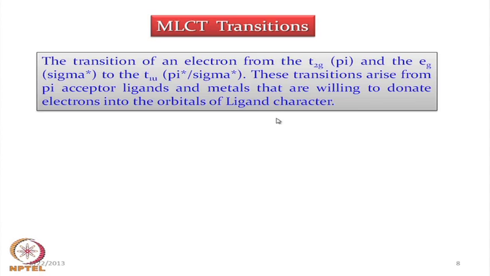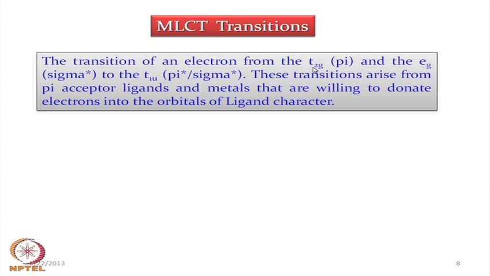In the electronic spectrum we are seeing just now, beyond 400 nanometers we can have this sort of transition, where metal orbitals are the donor orbitals and ligand orbitals are the acceptor orbitals.